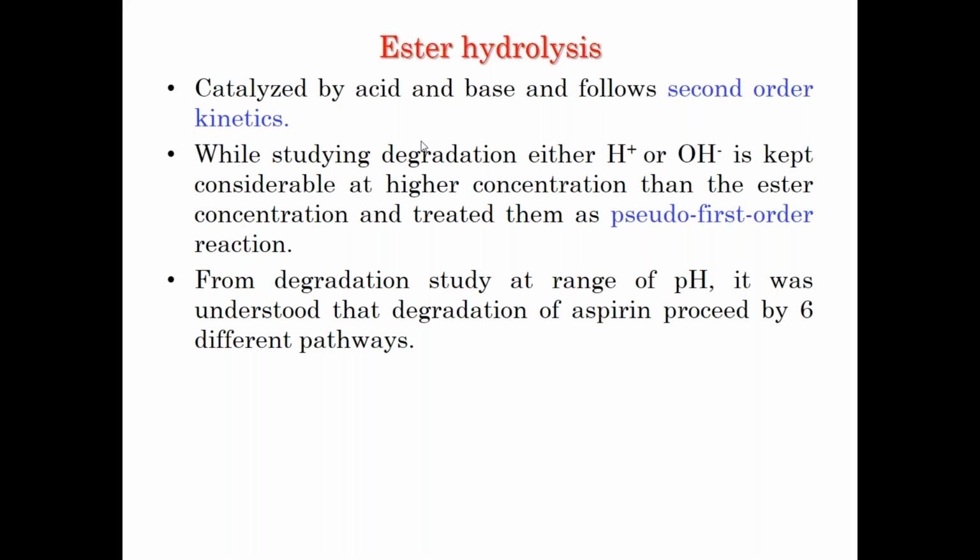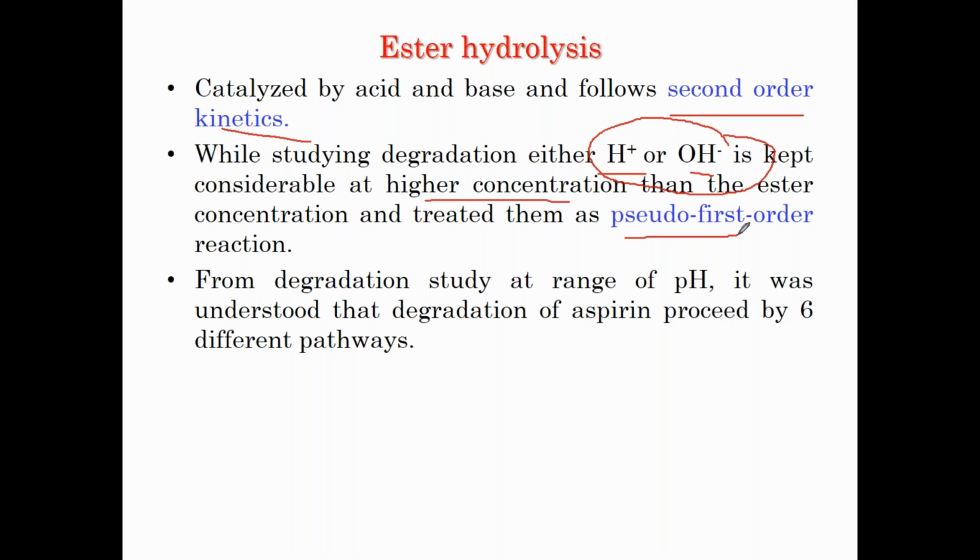I want you to remember some of the examples. Ester hydrolysis is one of the examples which happens with a second order kinetic process. During its study, the degradation happens with either H plus or OH, and we try to keep it constant, at a considerably higher concentration. That's why it is called pseudo first order.